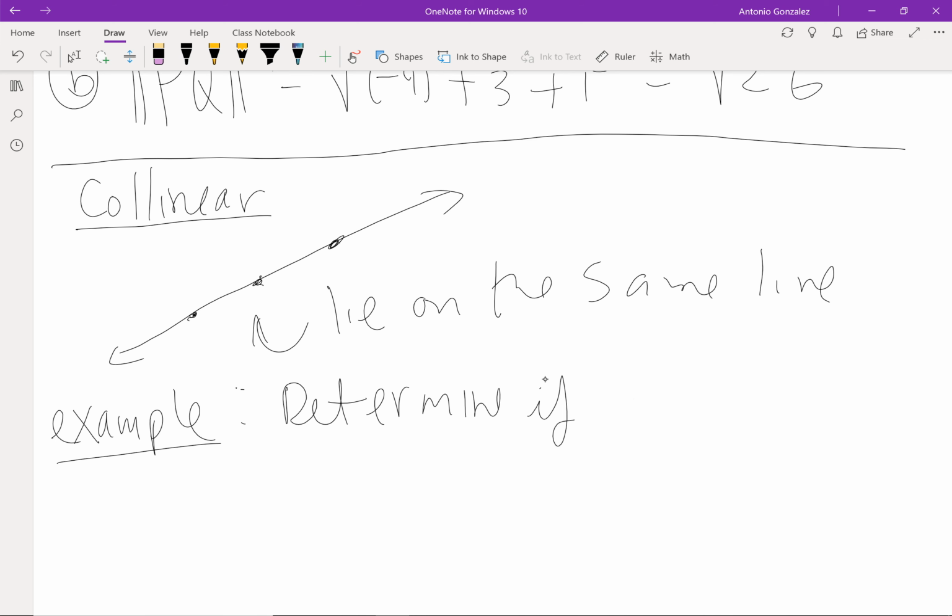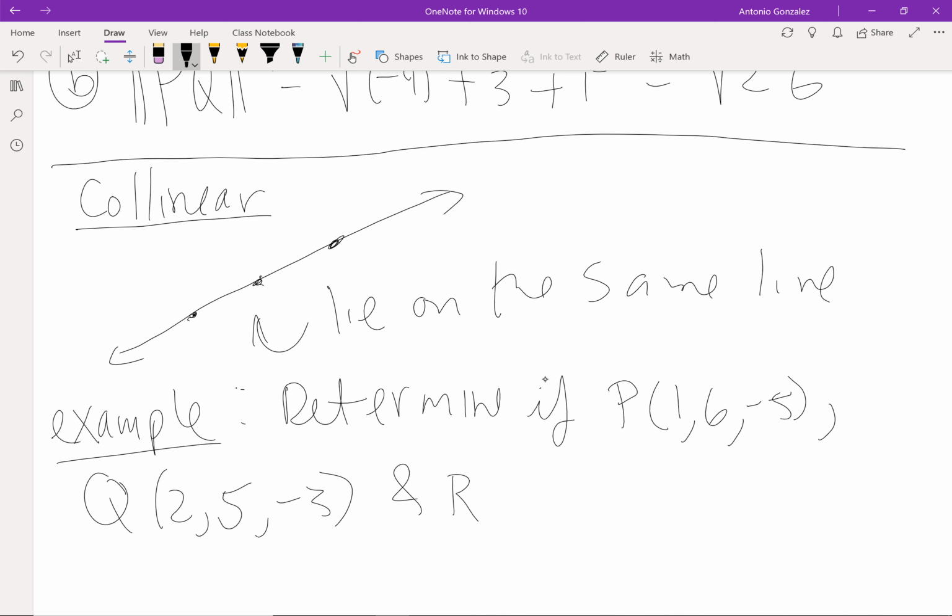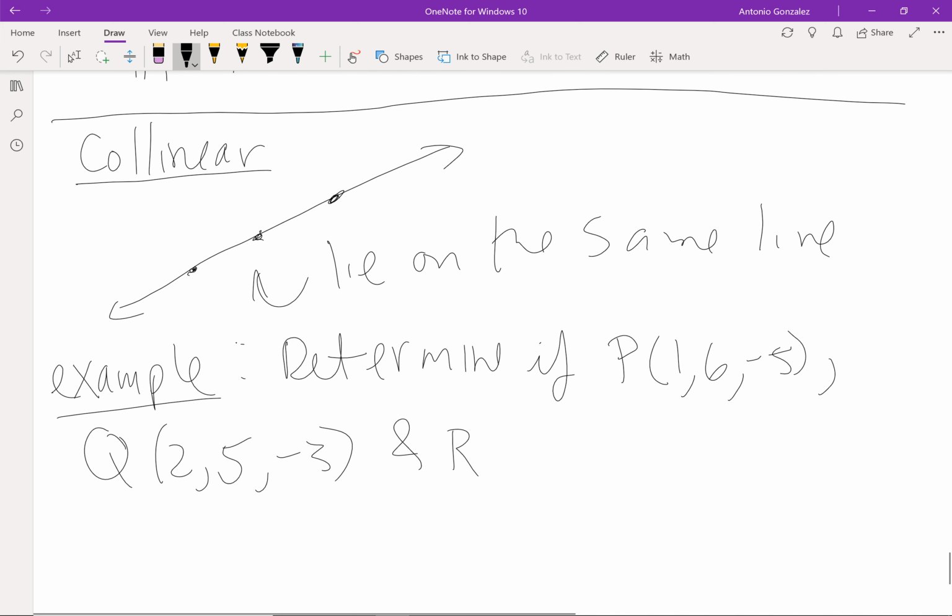P would be 1, 6, -5. Q would be the point 2, 5, -3, and R, 4, 3, 1.